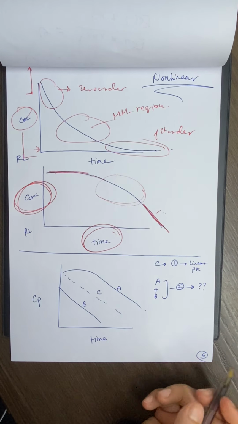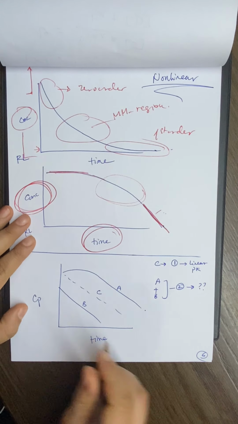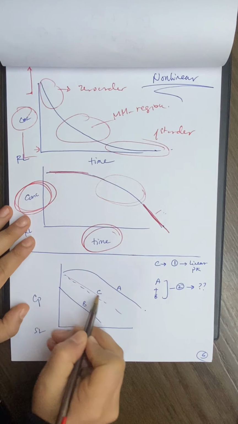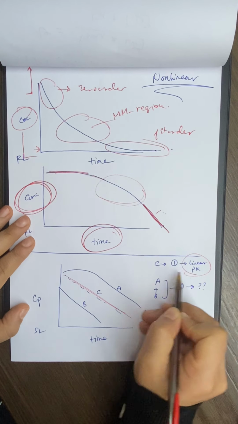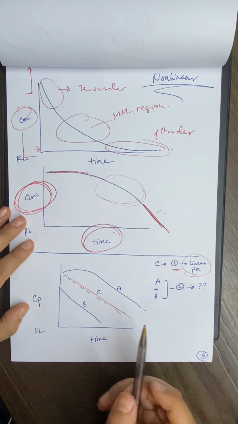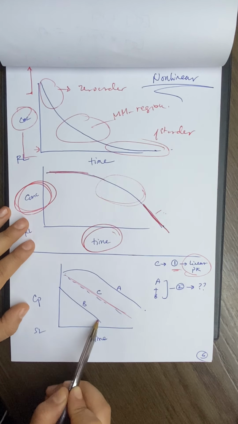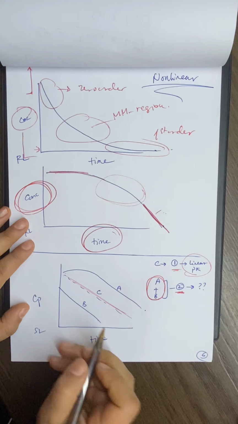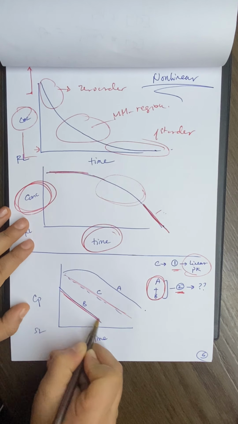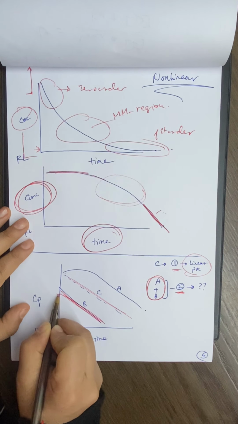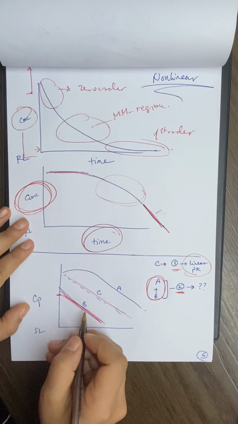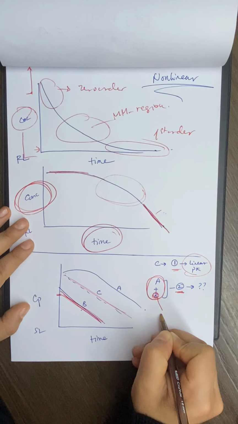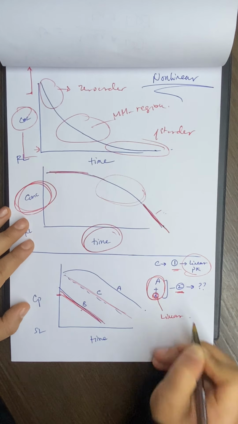You can tell from the profile, and again this is on semilog for sure, because you have a linear profile for the linear kinetic drug. From whatever you see here, if we have those two profiles for the same drug, you can tell that at low concentration, or at low dose, the drug is behaving as linear.